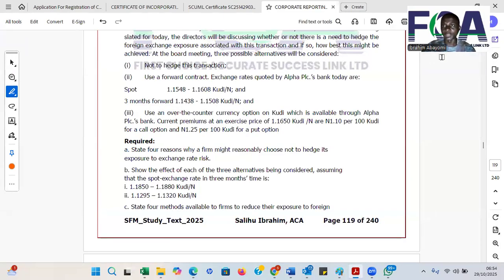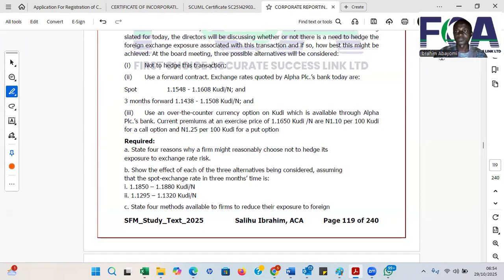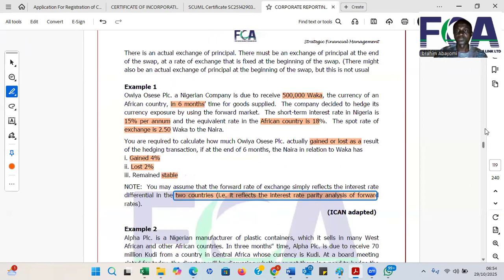Page 119. This one, okay, yeah. So I'm going up. Page 119.